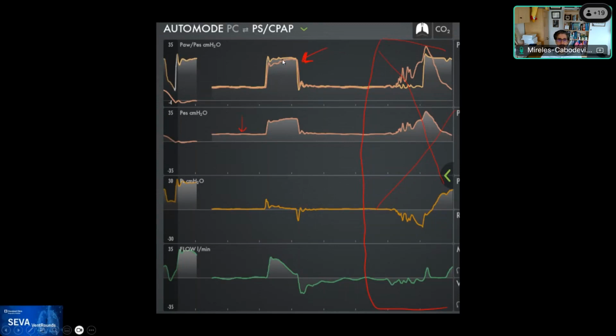But why are these two curves matching? Usually there's a difference between the airway pressure and the pleural pressure. There has to be a difference because of the structure that is there.